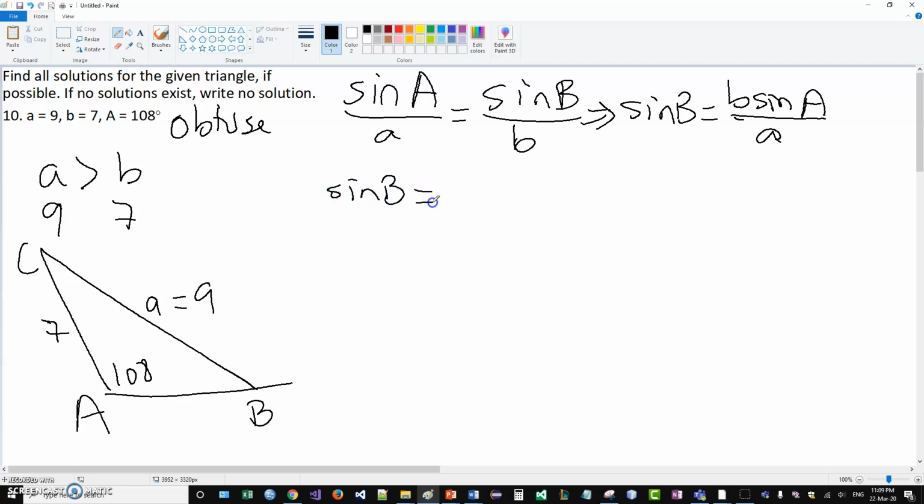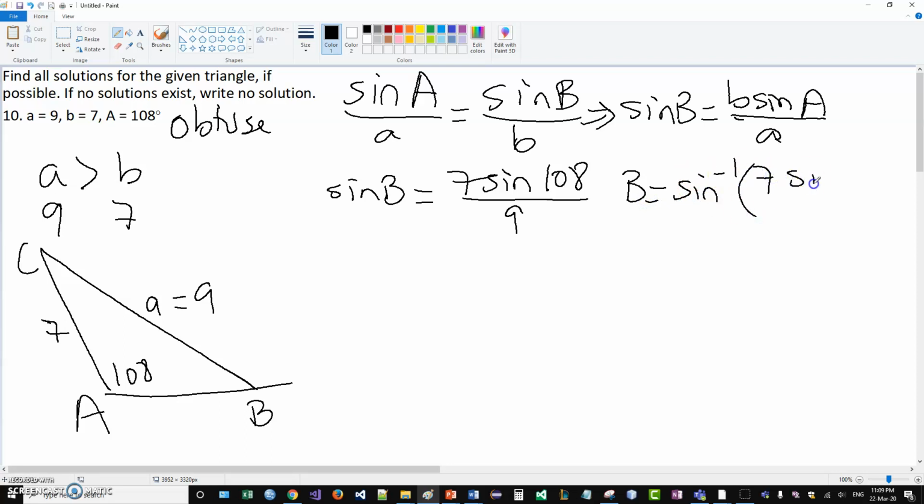Sine B equals 7 sine 108 over 9, and B equals sine minus 1 of 7 sine 108 over 9.